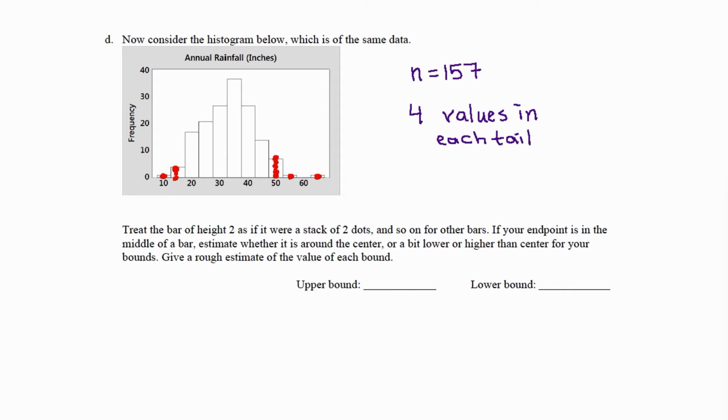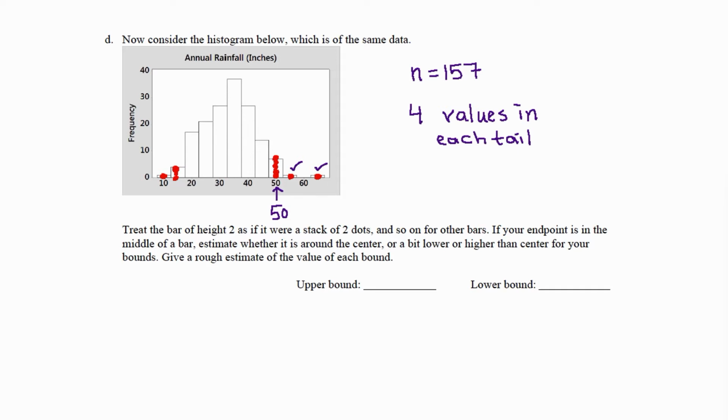So I would count 1, 2, and then I would see that I'm somewhere in the middle of this bar here centered at 50. Since I'm close to the center of it and it's centered at 50, I'm going to go ahead and accept 50 as my upper bound.